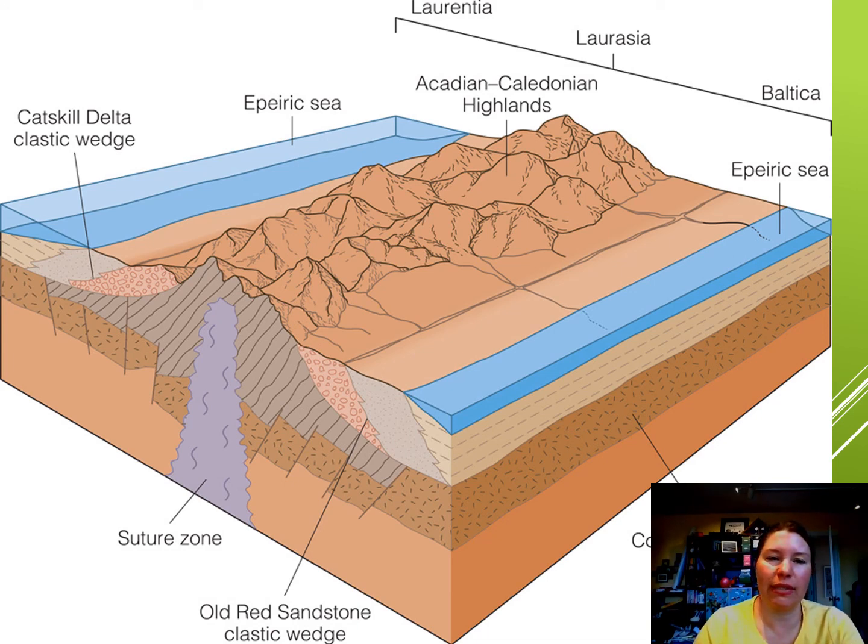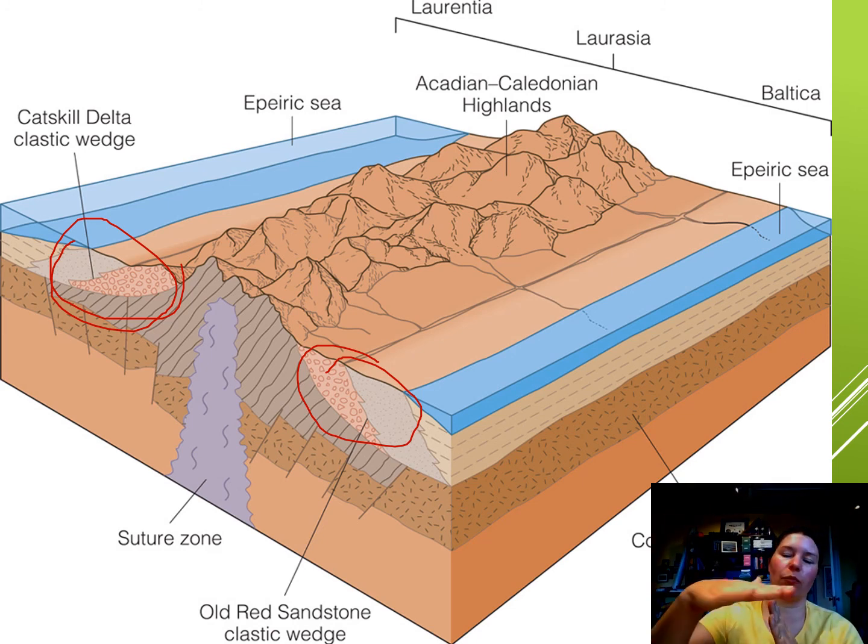And so we can see this Catskill clastic wedge that we talked about a little bit before with the old red sandstone, which is going to be a big part of Scotland. And one of the things, if you remember back to James Hutton, and I'll go back over this a little bit, but remember those vertical beds of sedimentary rock overlaid by the more horizontal beds that James Hutton saw at Siccar Point? That's what's happening here.